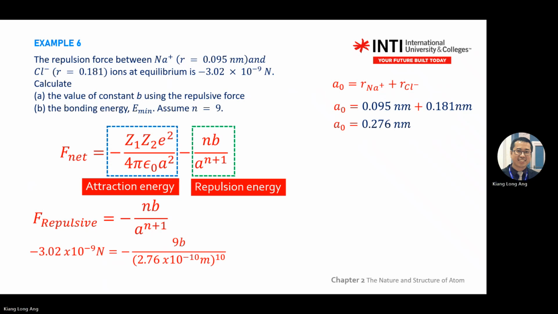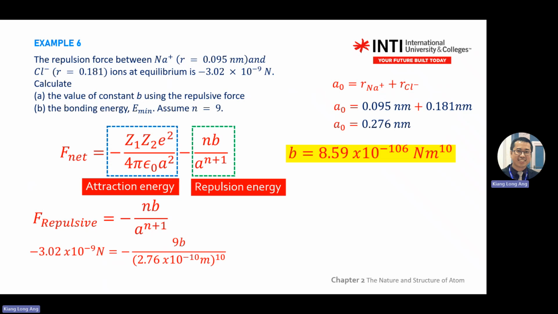A is here, power n plus 1. N is 9, so this one is 10. So there's only one unknown, which is B. Rearrange the equation and you get B. Again, B is a positive value, not negative. Negative, negative, cancel. So you get this one.